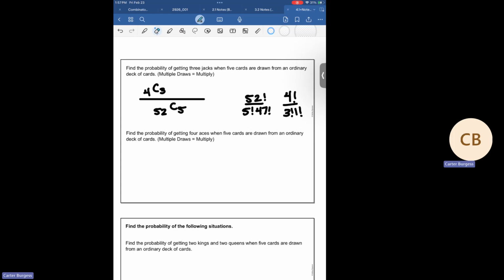If this question were at least 3 jacks, then we'd have to deal with the possibility of, okay, what if one of those other 2 cards is a jack? We'll look at how we do that later. But for now, we know that those 2 cards should be coming from how many cards are not jacks in our deck? 48 of the cards should not be jacks.